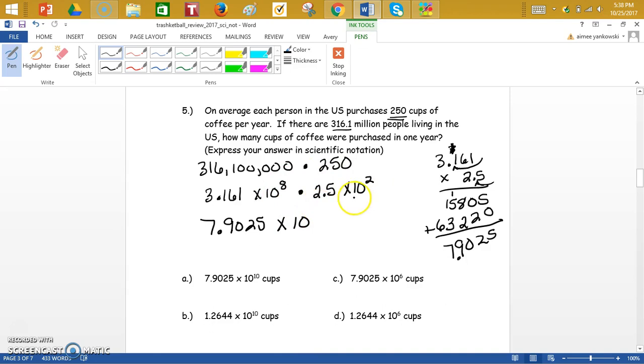When we multiply, we keep our base of 10 and we add our exponents. 8 plus 2 would be 10. So your final answer would be 7.9025 times 10 to the 10th. That's letter A.